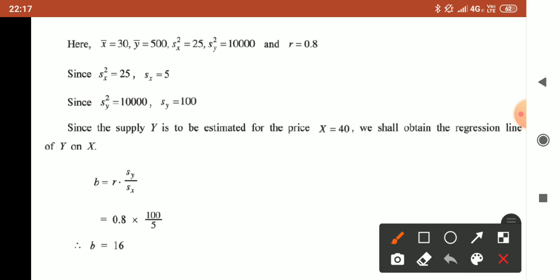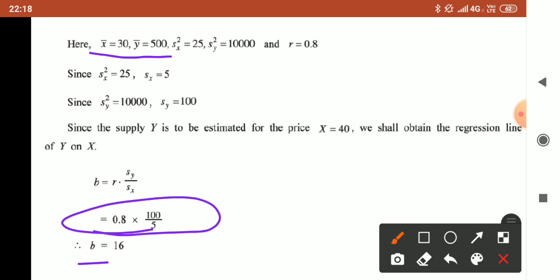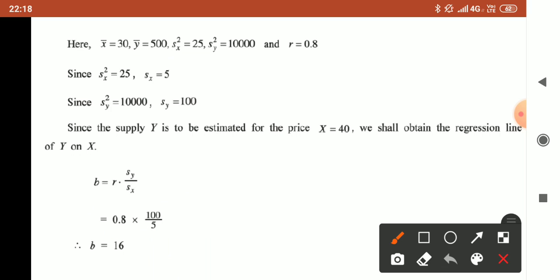Now your first step will be to find x bar and y bar, but here you have been provided x bar and y bar, so we will not write it again. My next step will be to find b. What is the formula? b equals r into sy upon sx. We put the values and find b, so I get b equals 16.